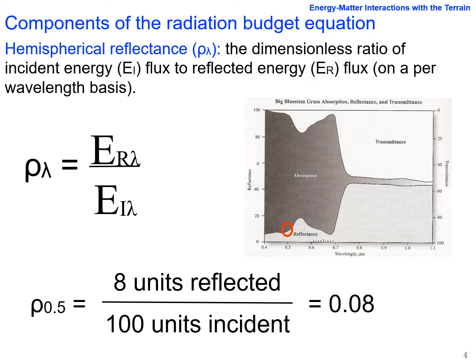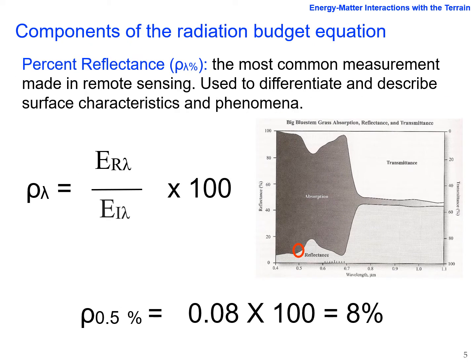And you can see that's calculated for a wavelength of 0.5 micrometers. And so that's the answer. It's about 0.08 at that red circled point. And this is just showing that generally we're giving this as a percent reflectance rather than a total reflectance. And the reason is that illumination changes.